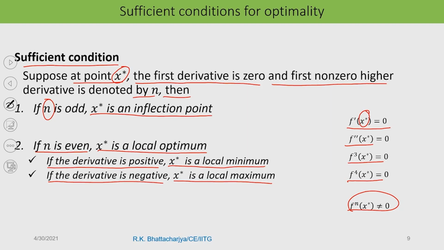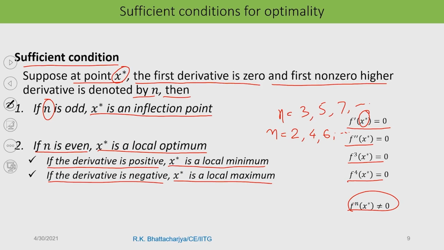Now, if n is even, that means n equal to 2, then 4, then 6, something like that, then that is a local optimum. So, what is a local optimum? A local optimum means it may be either a maximum point or a minimum point.